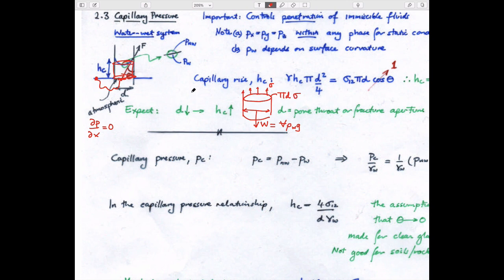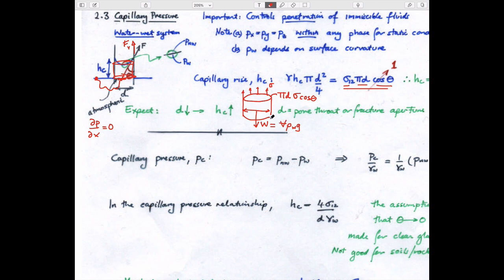And there's also an angle here, which would be cosine theta. So you've seen that before. And so if you put these two together: interfacial tension, circumference, and the angle of offset for the force that is acting in the vertical direction, as opposed to the one which is inclined, then that's this term here.